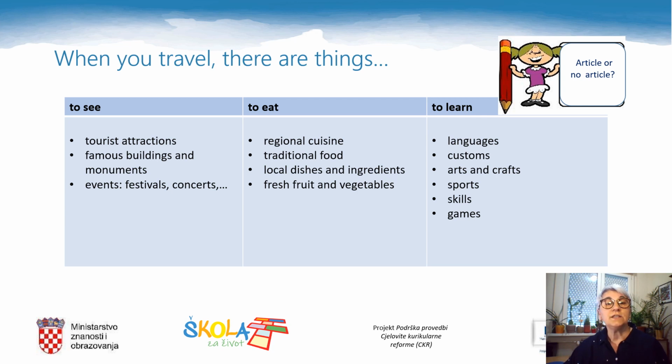If you're working on this lesson in front of your computer, you can pause this video and write as many words as you can for the things you would like to see, food you would like to eat, and activities you would like to learn in different places you would like to visit. Or you can choose the place where you live. You will need this information for later on for your poster.